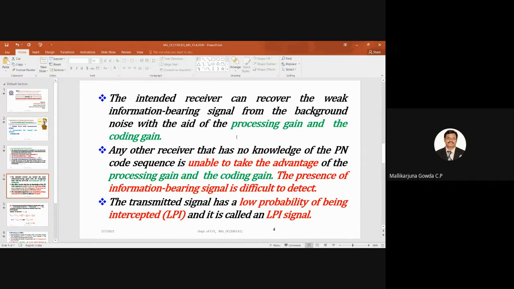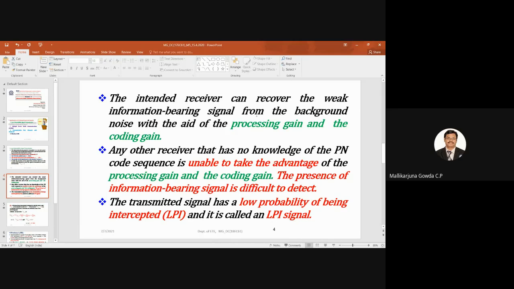What I wanted to say is how it is possible for an intended receiver to detect such a low power signal, even if the signal is in the vicinity of other people also. That is because of the processing gain and coding gain, which is known to the intended receiver.